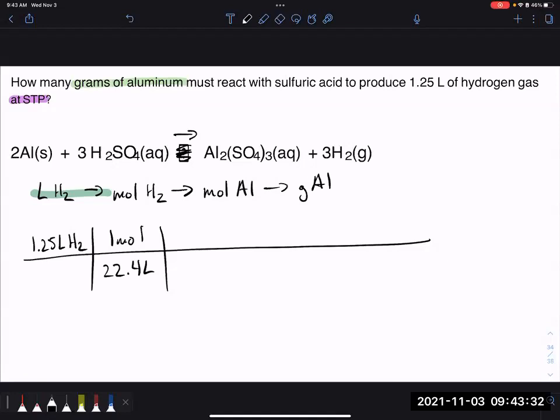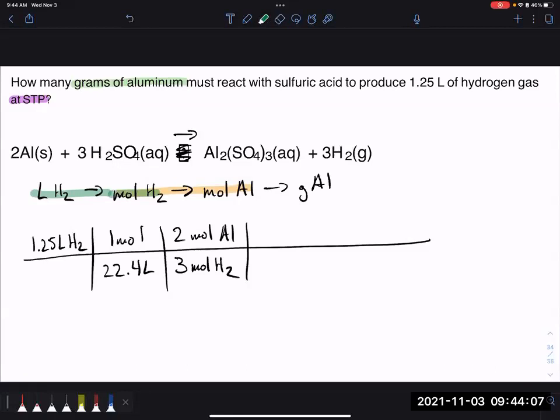That's why we went from liters of hydrogen to moles of hydrogen. So we're going to be converting from 3 moles of H2 to moles of aluminum. So we've gone from moles of hydrogen to moles of aluminum.